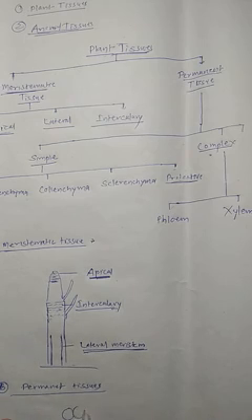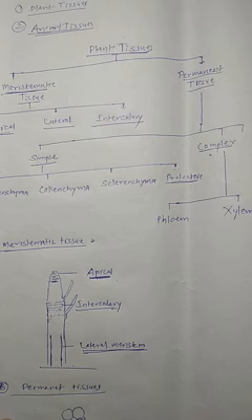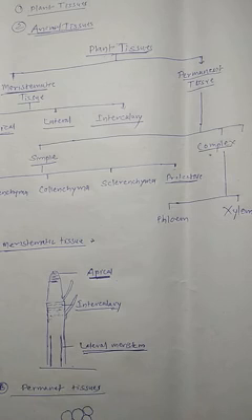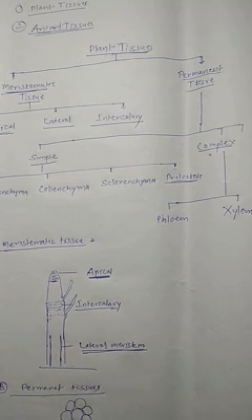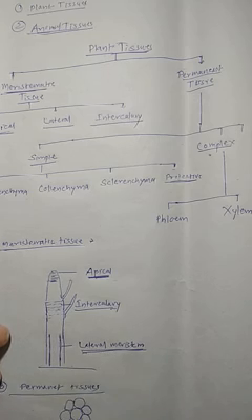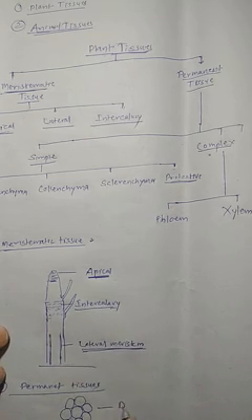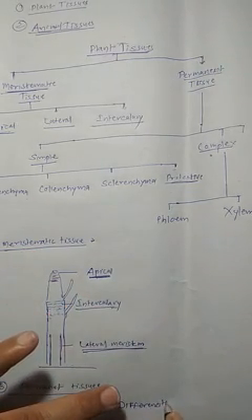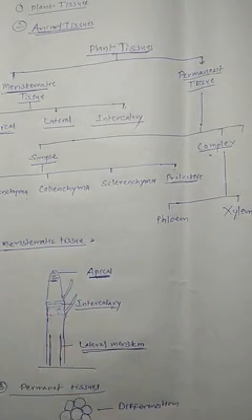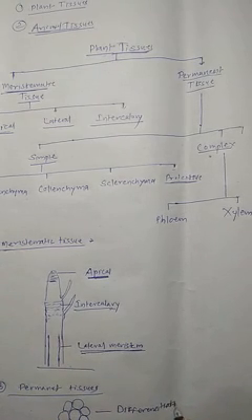Meristematic tissue gets specialized or changes its shape and size to perform a particular function in the plant. This process is called differentiation.